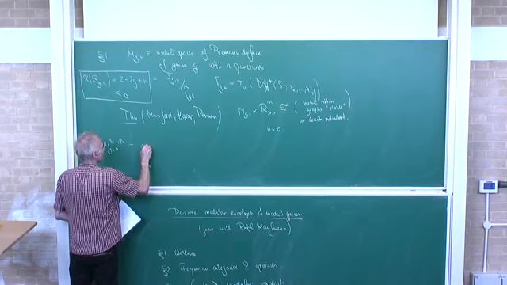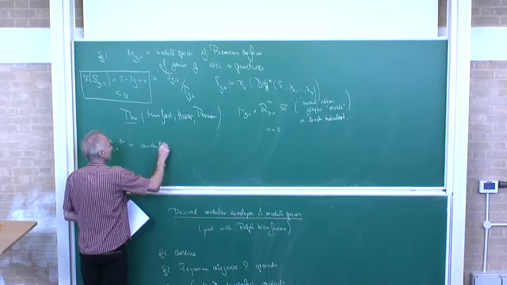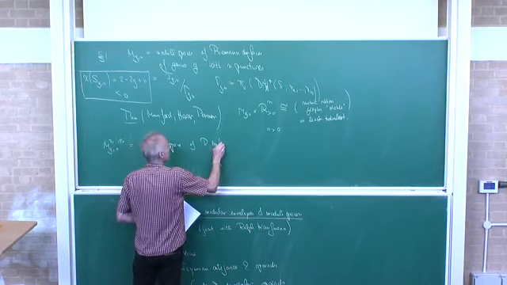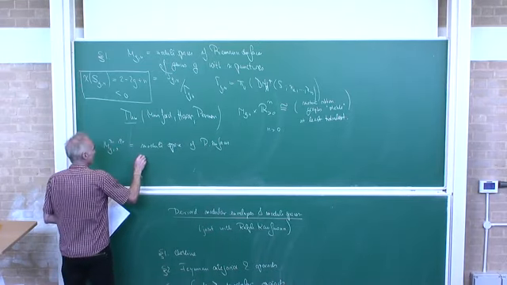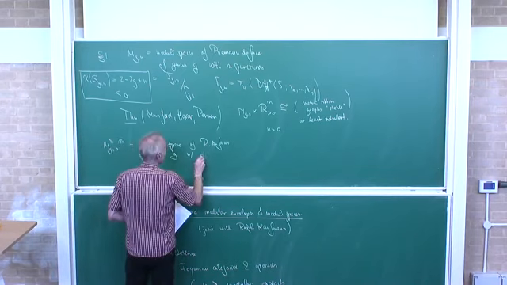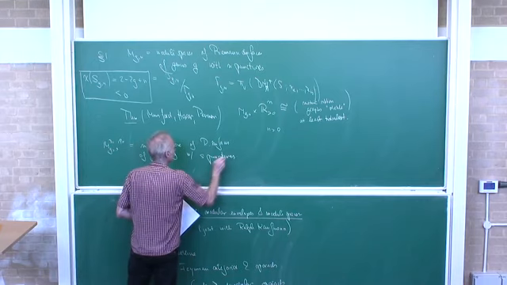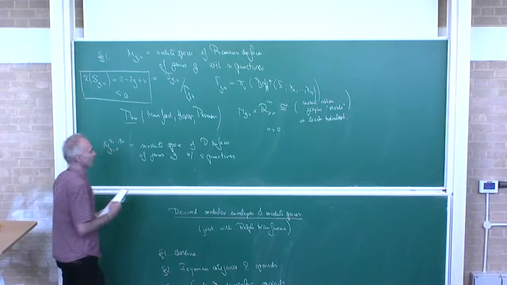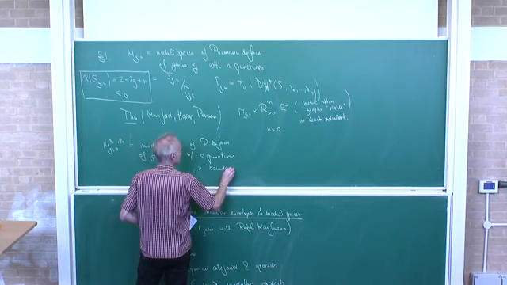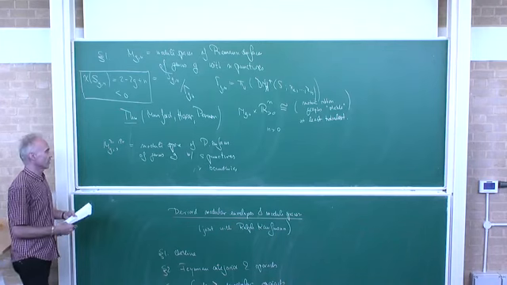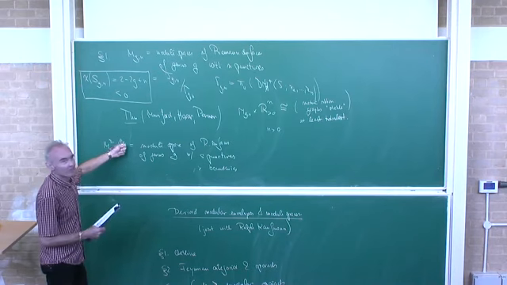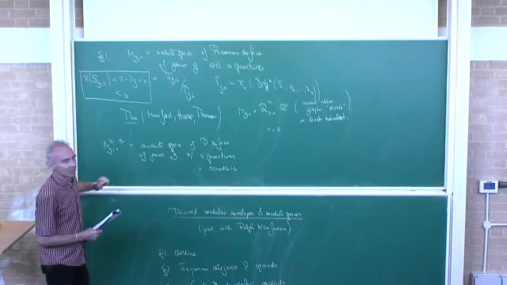This is the moduli space of Riemann surfaces of genus g with ν boundaries, and each of the boundaries contains marked points, and the number of these marked points is given by these numbers.